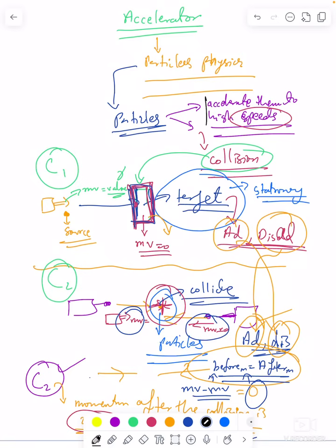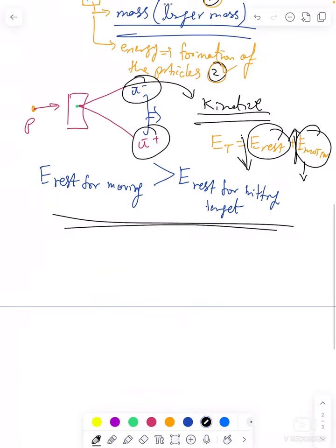And now that we have talked about collisions, why not talk about the accelerators as well. I should start with accelerator first, but no problem. There are two types of accelerators.